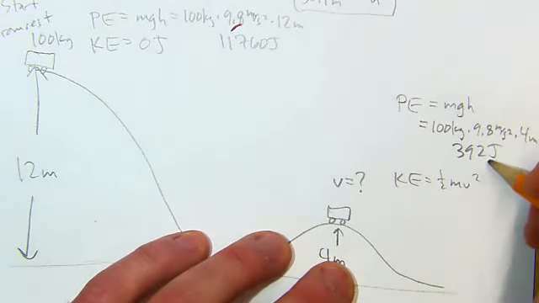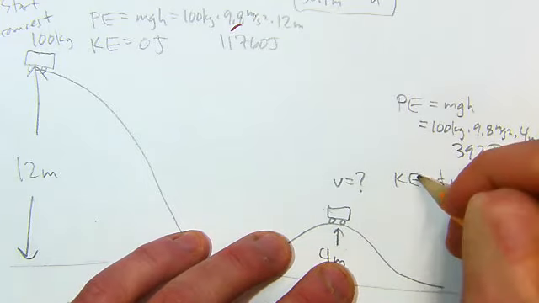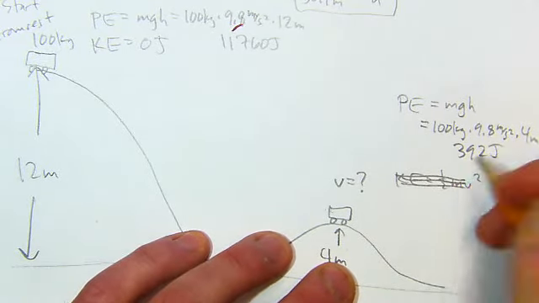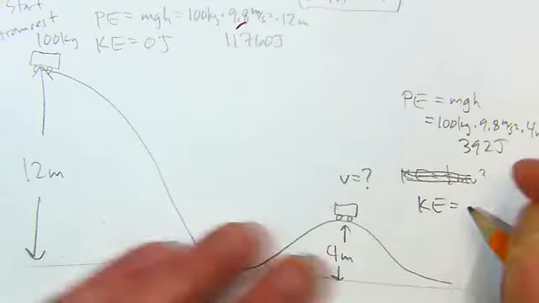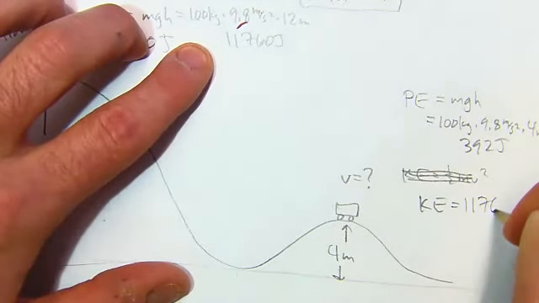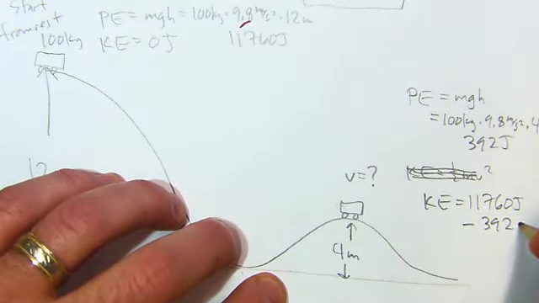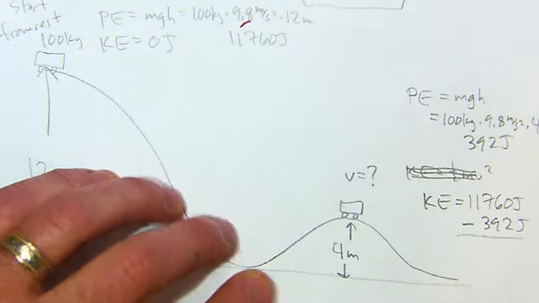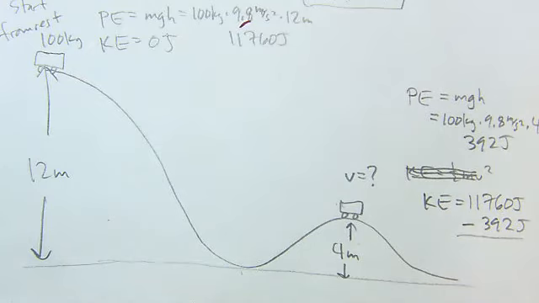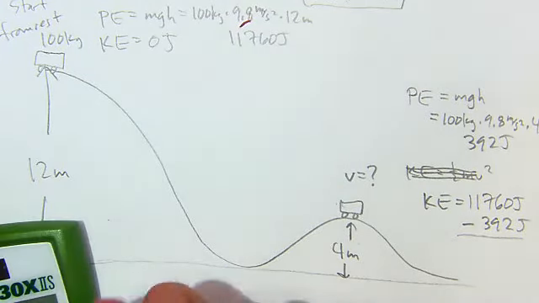Our KE is our total minus our PE. I'm going to cross this off for a second because I don't really need that yet. We got a total of 11,760 to start, minus the 392. I feel like I screwed up somewhere there.